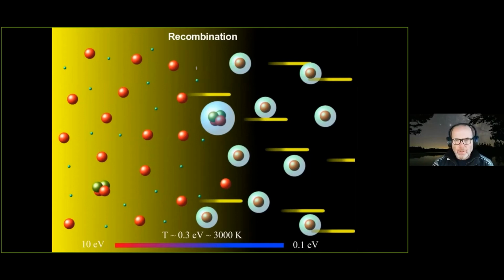So earlier than 380,000 years, the universe would have been hot enough that all of the electrons would have been stripped off the atoms. The only elements to be present in the universe at early times were hydrogen and helium. And so all of the electrons would be stripped off at a temperature greater than about 3,000 Kelvin.